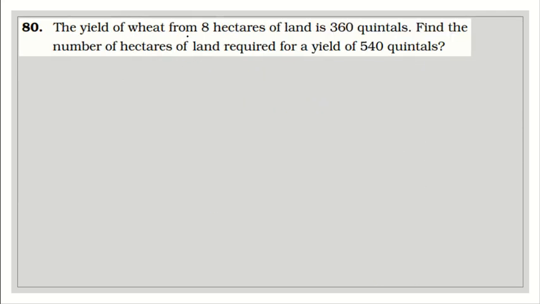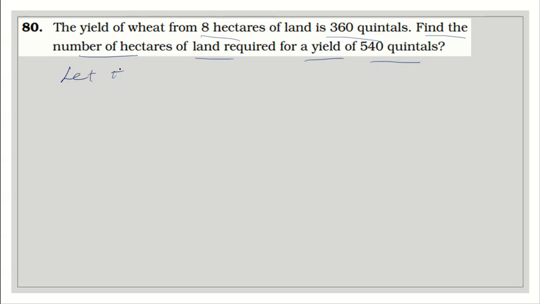The yield of wheat from 8 hectares is 360 quintals. Find the number of hectares of land required to yield 540 quintals. It is again proportion type.